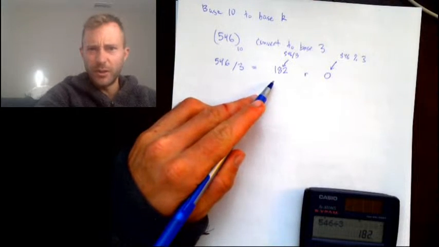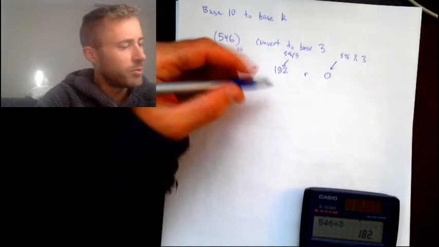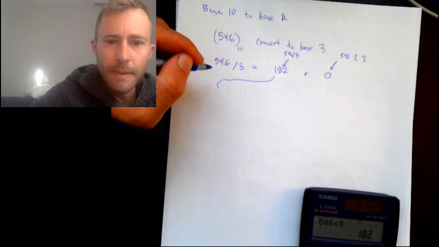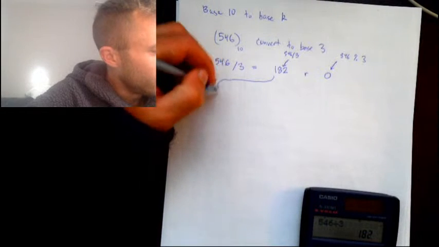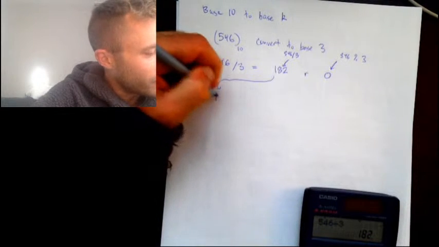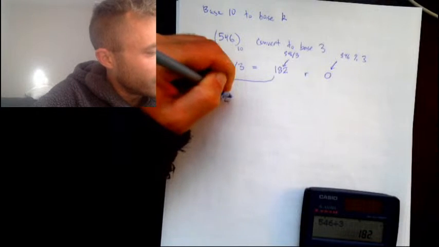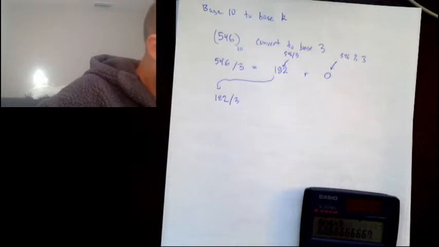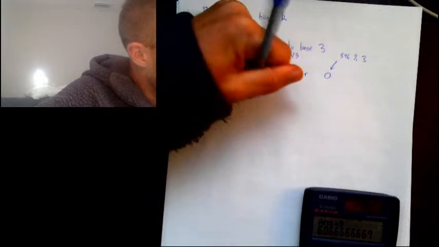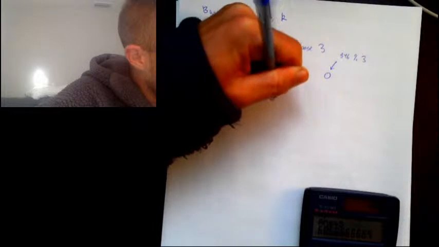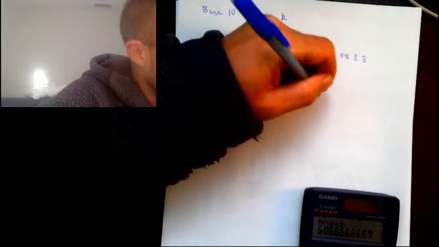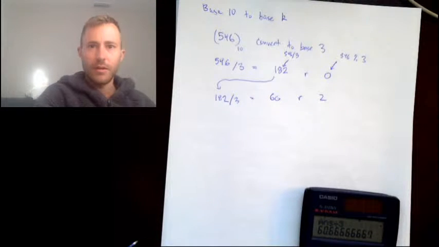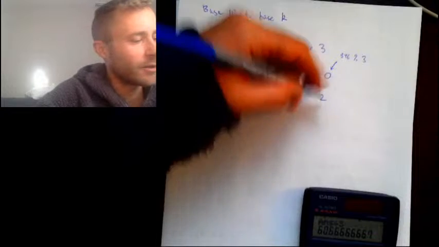So now what we're going to do is plug this in and divide that by 3. We're going to do 182 divided by 3. And that equals 60, remainder 2. Okay, so again, how did I get the remainder?